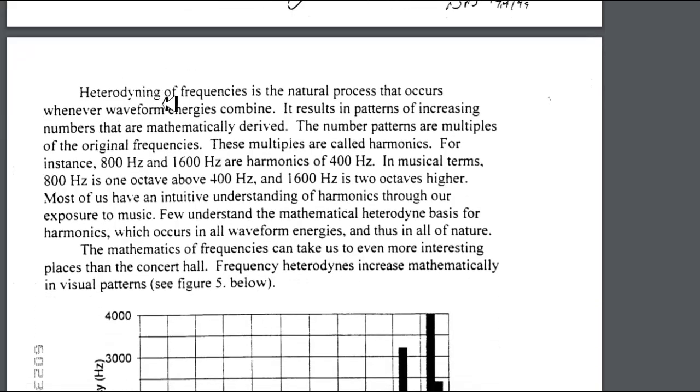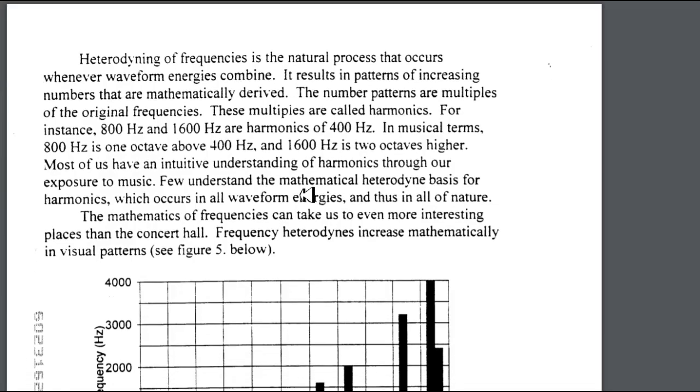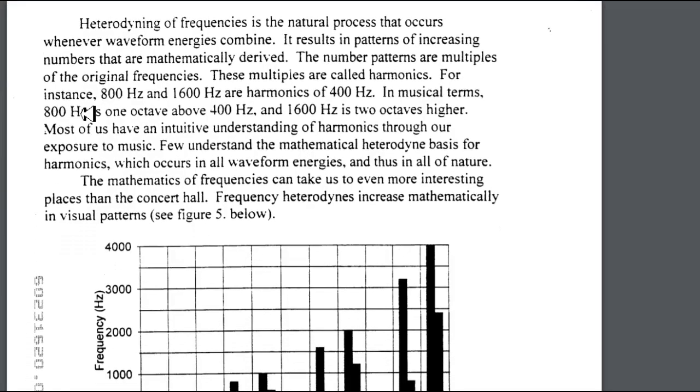So heterodyning of frequencies is the natural process that occurs whenever waveform energies combine. It results in patterns of increasing numbers that are mathematically derived. So the patterns are multiples of the original frequency. These multiples, of course, are called harmonics. For instance, 800 hertz and 1600 hertz are harmonics of 400 hertz.